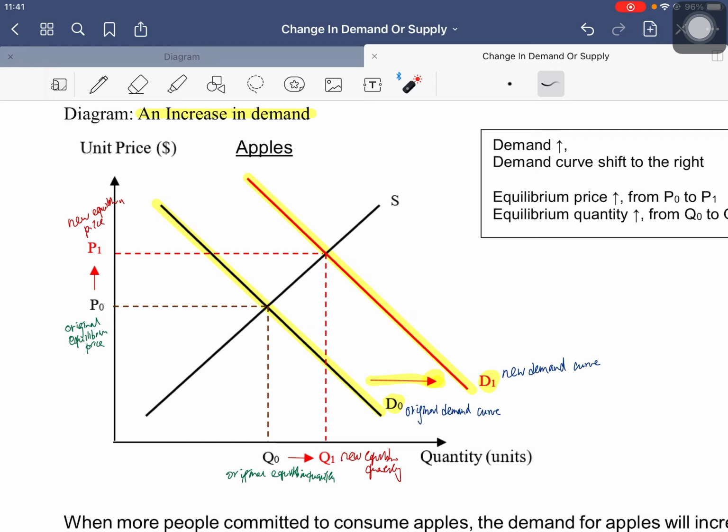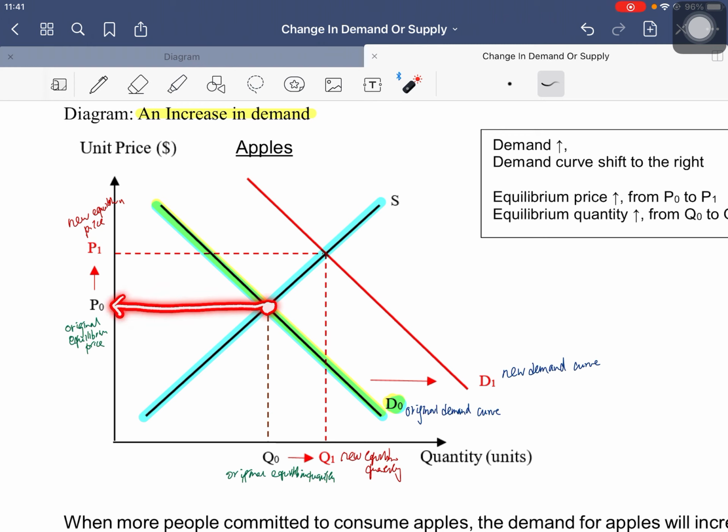So how do we find the equilibrium price and the equilibrium quantity? First we have to analyze. Here is the original demand curve and the supply curve. We know that the intersection point is the market equilibrium.